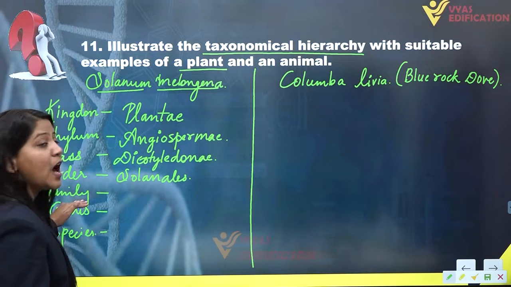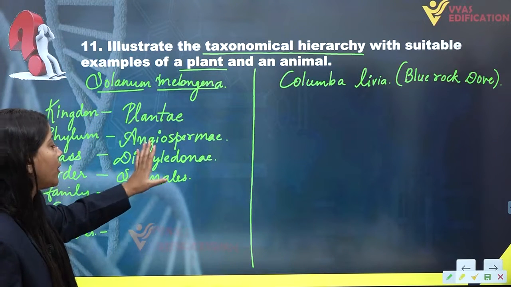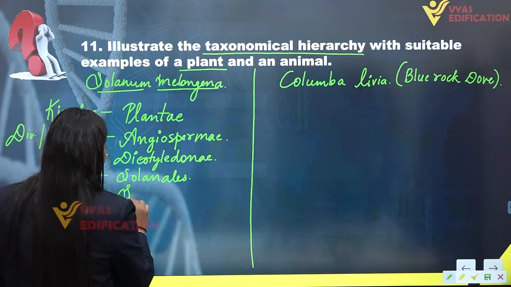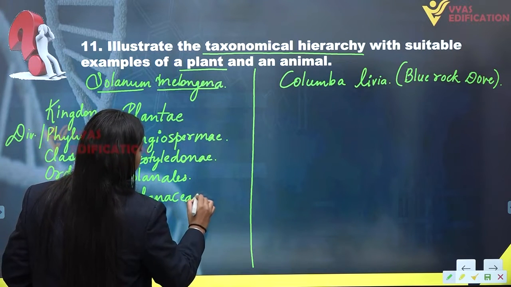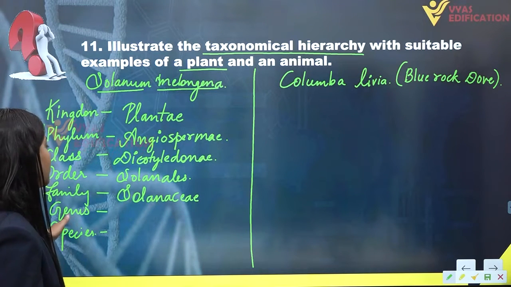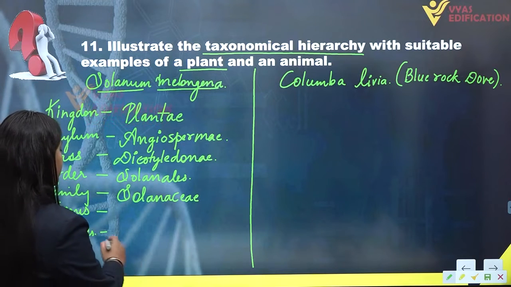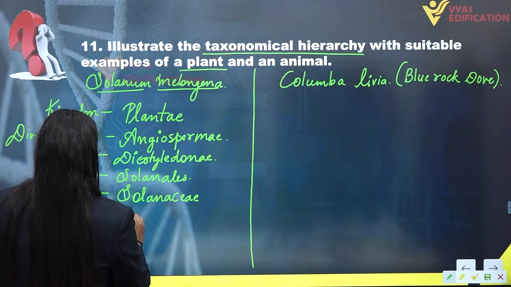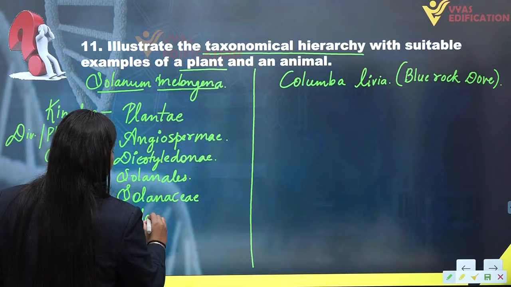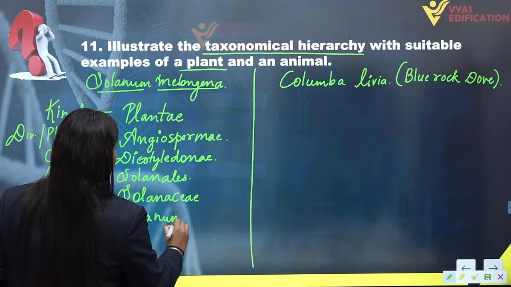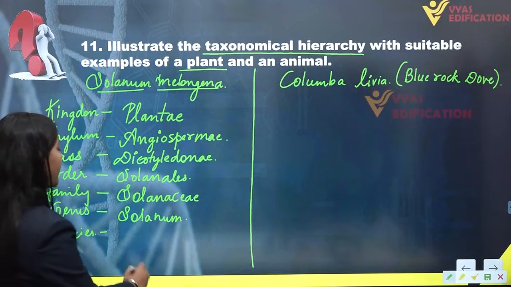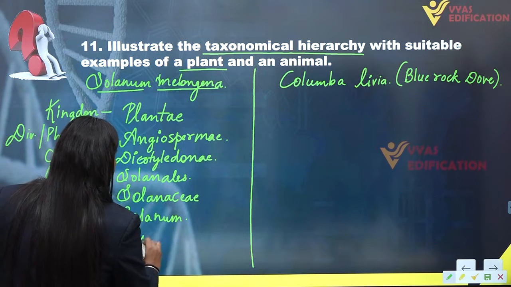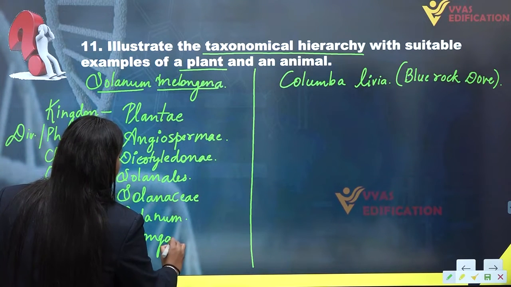The family of Solanum melongena will be Solanaceae. If we talk about the genus, then the genus would be Solanum, and last, the species would be melongena.